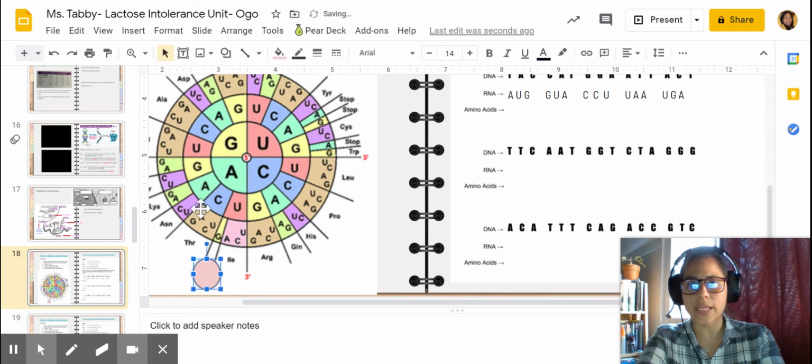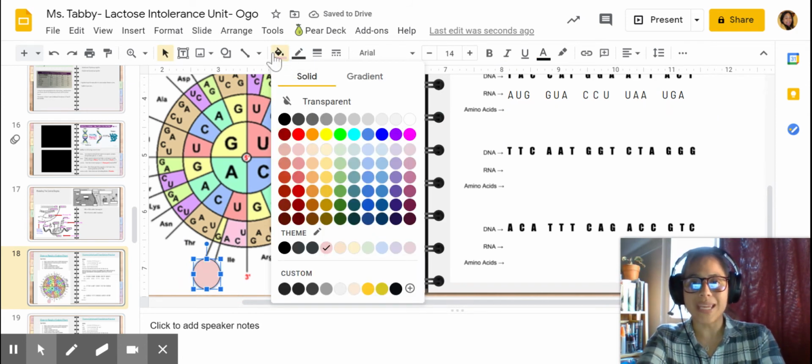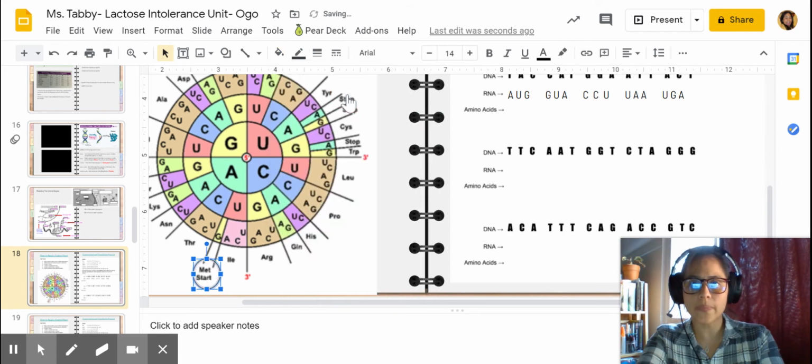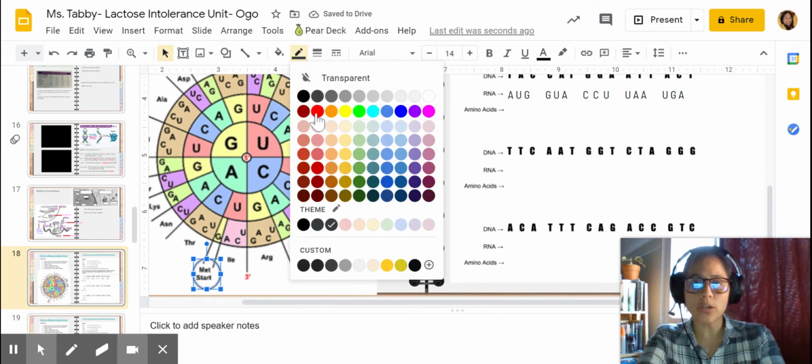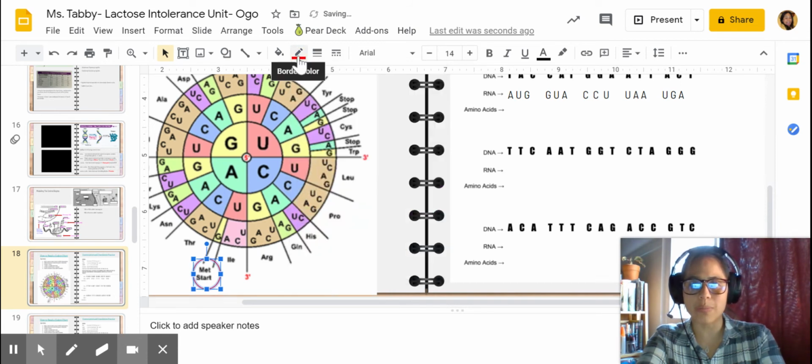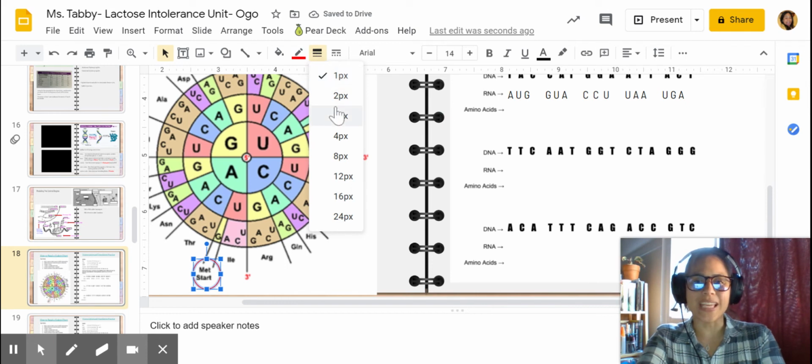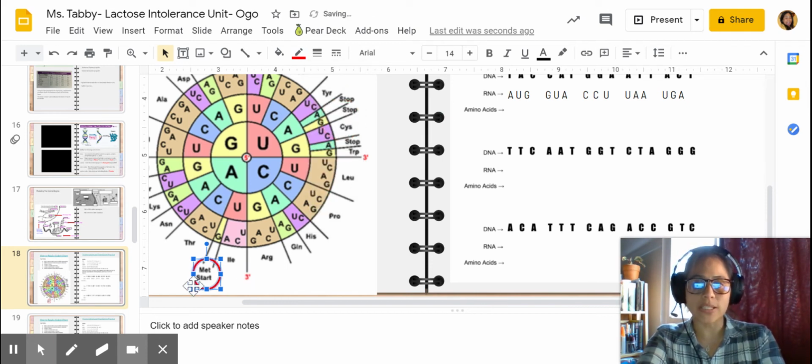And then I'd like you to make that circle transparent and change the border color to something that stands out, because this is kind of important. I'm making it red, which, as you recall, means there's something important that's going to have to go into your key terms.